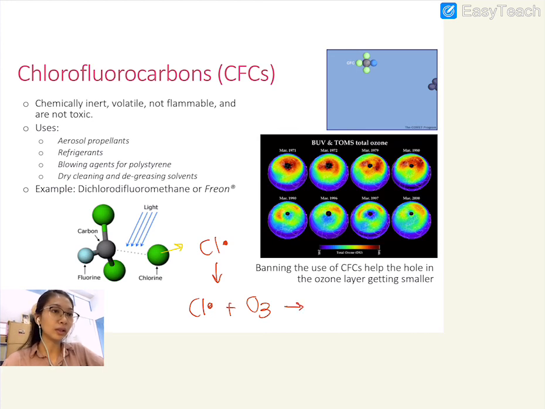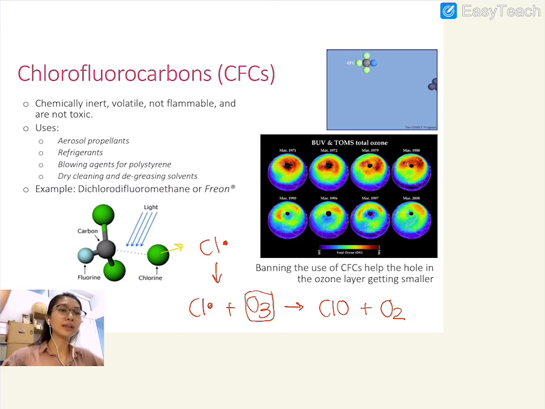It will produce ClO and oxygen gas. So you see that the ozone will be damaged. It will react with the free radical chlorine, forming oxygen. So the more and more free radical chlorine is produced and released in the atmosphere, the more and more the ozone layer will be depleted.